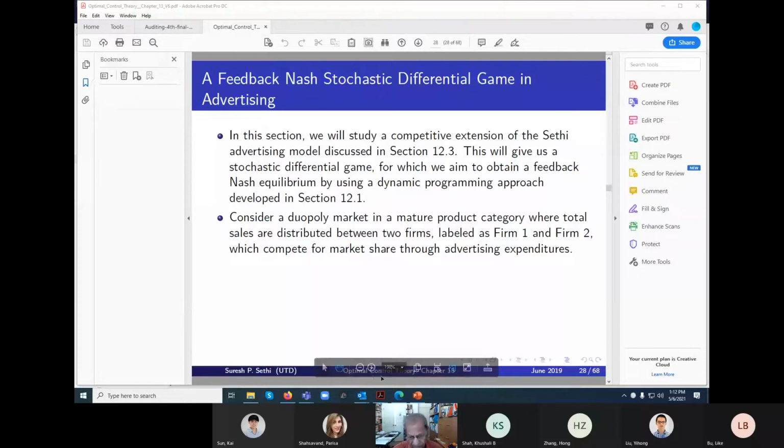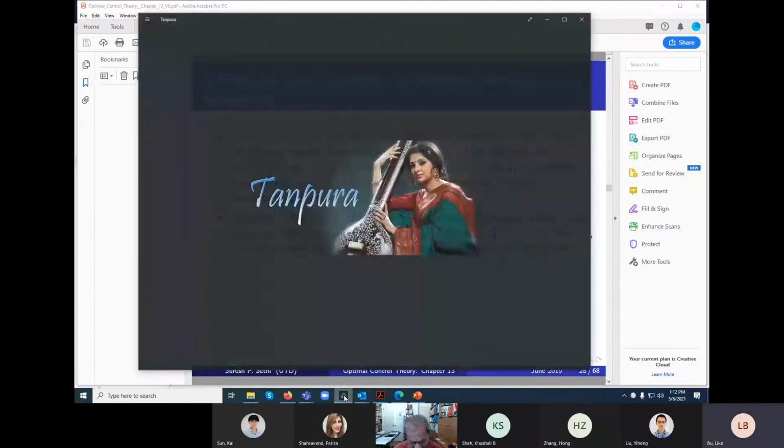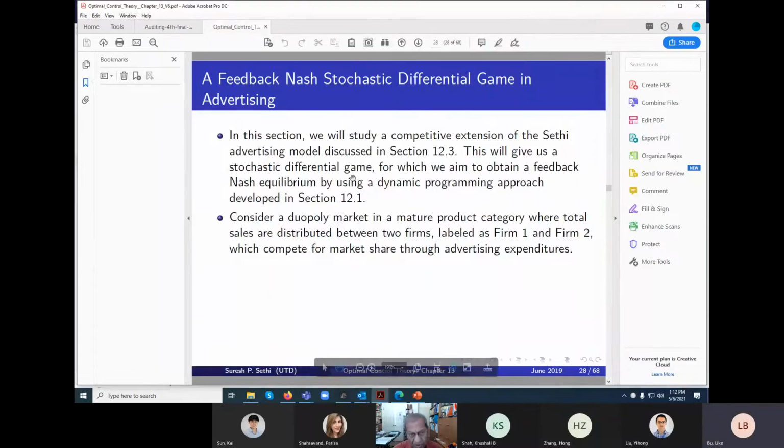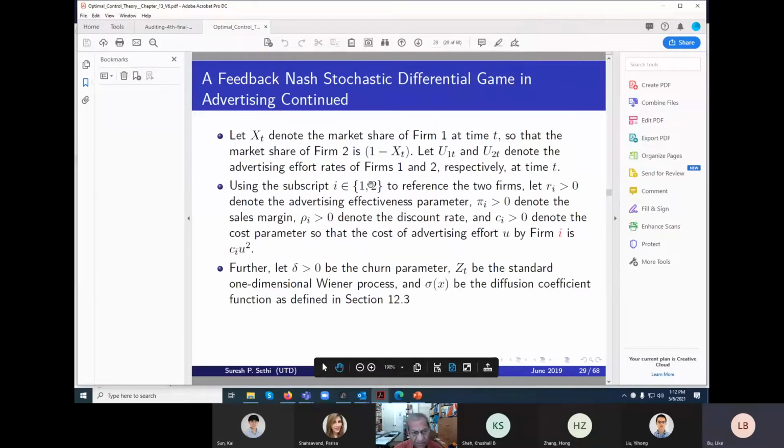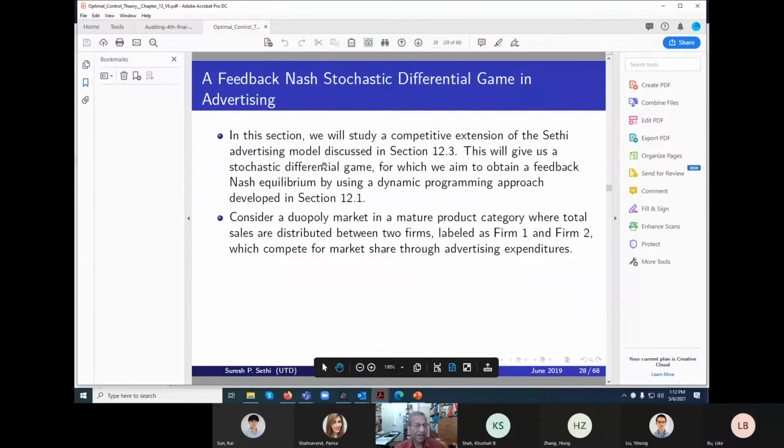Can you see the slides, everyone? Yes, we can see that. You can see my slides? Yes, Professor, and my mouse works.